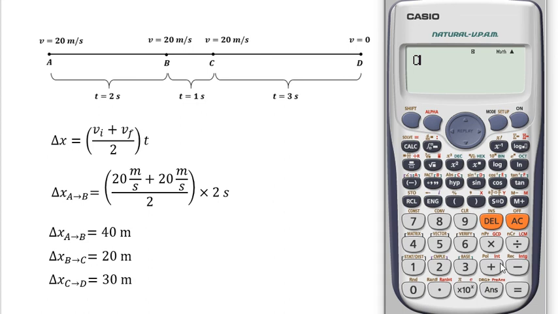Let's just double check. C is 30. So alpha A plus alpha B plus alpha C. 20 plus 40 plus 20 plus 30 will be 90. Okay, so that is the store function for you.